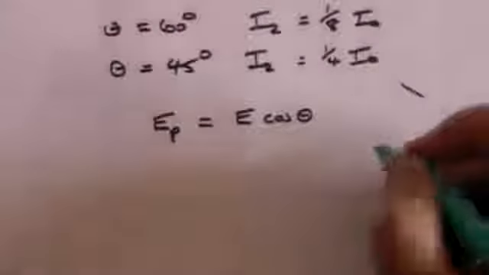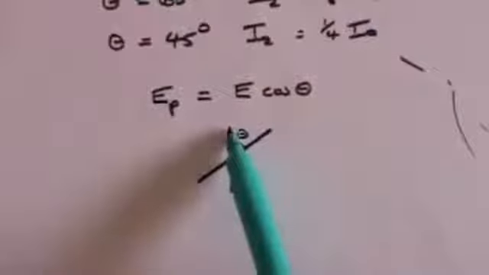So if we've got vertically polarized light and you put it through a polarizer at an angle theta, then the component of that E field in the direction of the polarizer is given by E cosine theta.